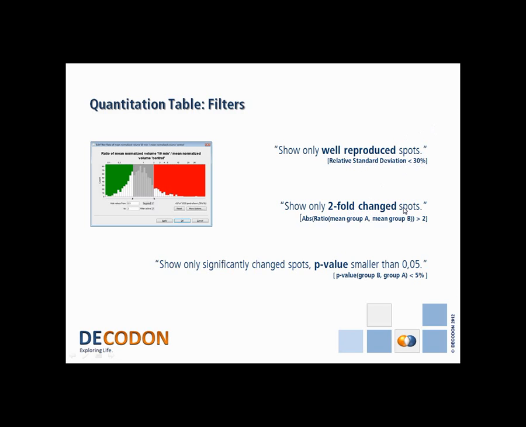Or you might just be interested in twofold changed spots, or you are maybe only interested in spots that have p-values smaller than 0.05, of course, for a certain comparison of two groups. A filter is active until you deactivate it again.